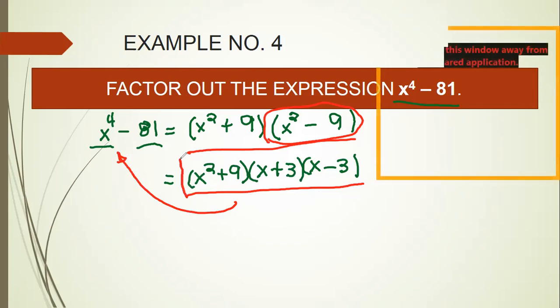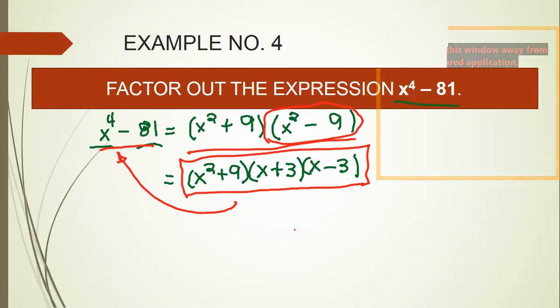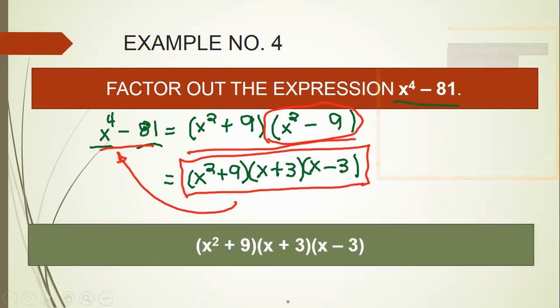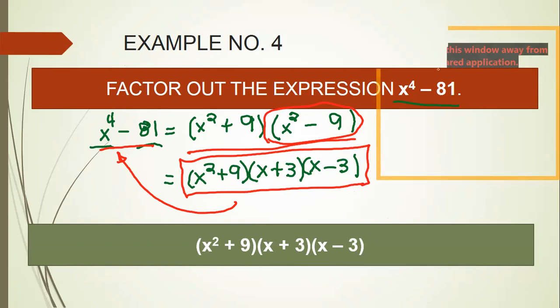So, which means the factored form of x to the fourth minus 81 is x squared plus 9 times x plus 3 times x minus 3. Okay, let's check if that is true. Questions for this particular item? Okay, so let's proceed.